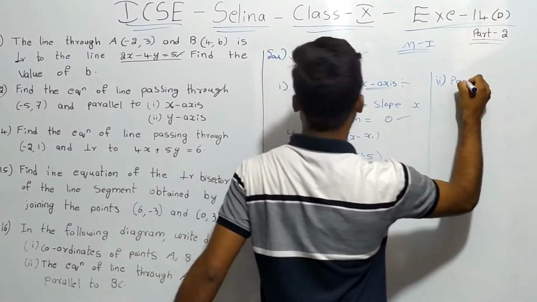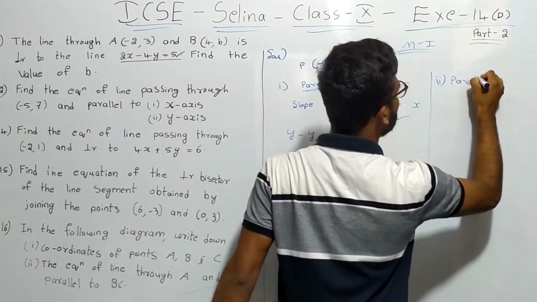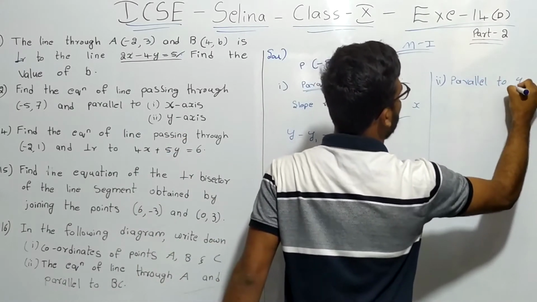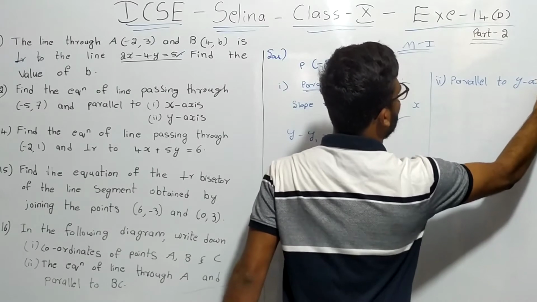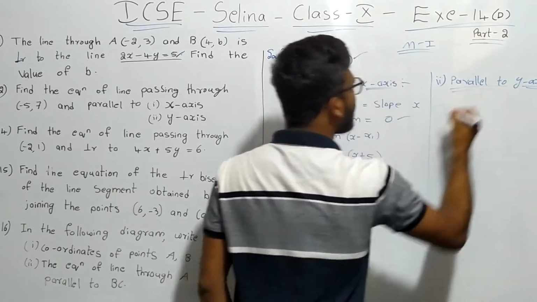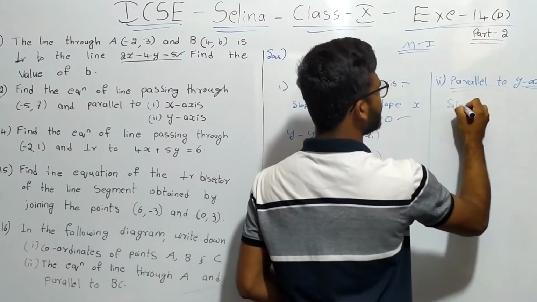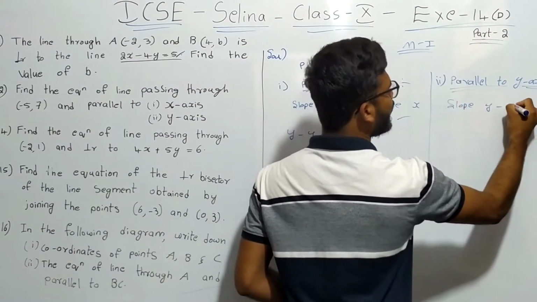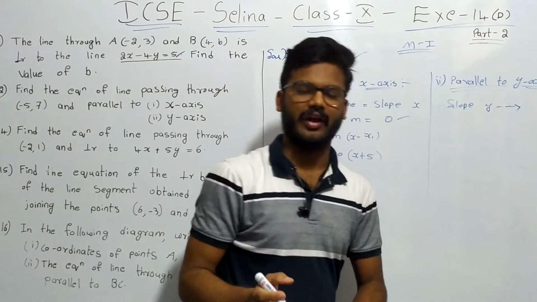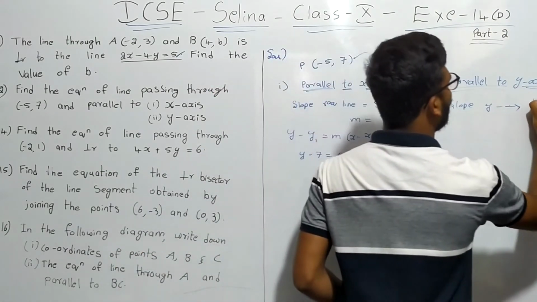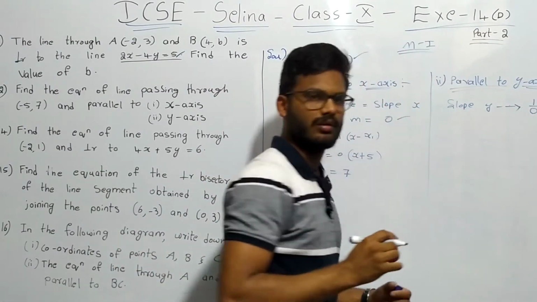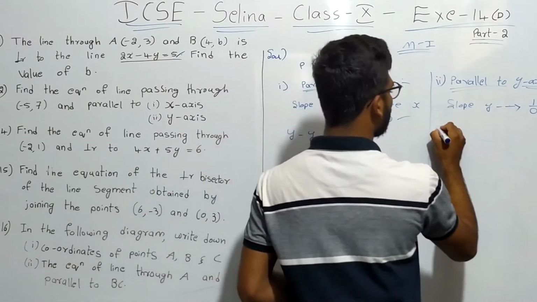It is parallel to the y-axis. So what is the slope of the y-axis? The slope of the y-axis is undefined. Instead of undefined, you can write it as 1 by 0. Okay? So what do you have to do next?